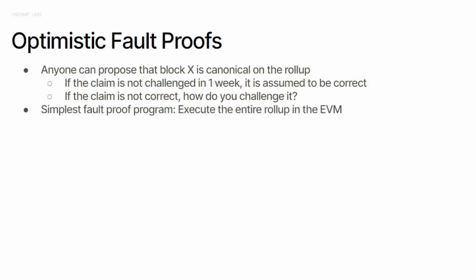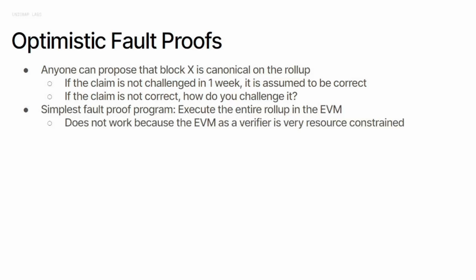The simplest fault-proof program, or way of showing that this output state is incorrect, is to just execute the entire rollup inside the EVM. We have all of the data. The Ethereum virtual machine, which is the smart contract layer inside of Ethereum, can do computation. But this isn't practical because the EVM is very resource constrained.